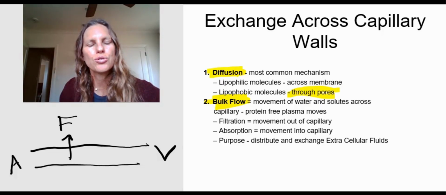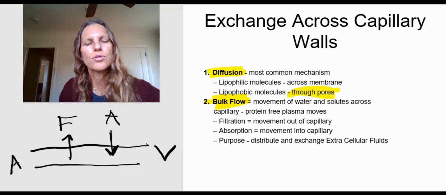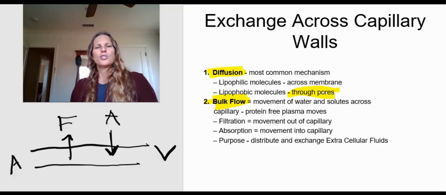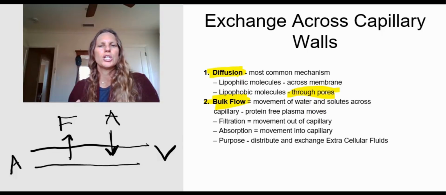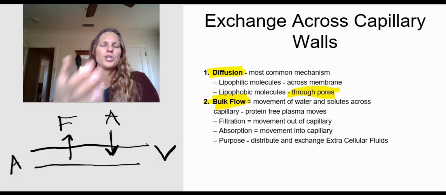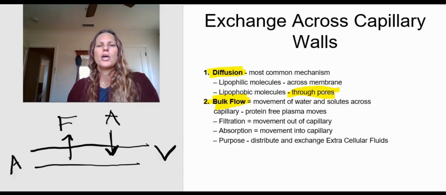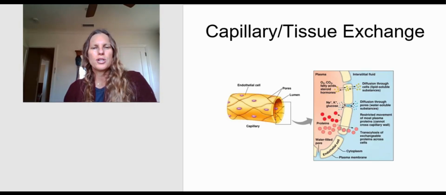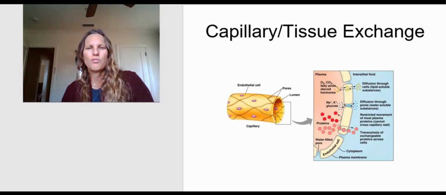And if we were to pull in water and solute in a big way, that would be absorption. So it's this big movement. And the purpose of filtration and absorption is to distribute materials and exchange materials between the extracellular fluids.